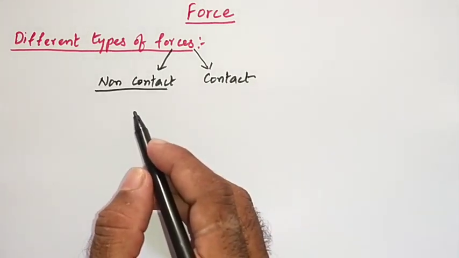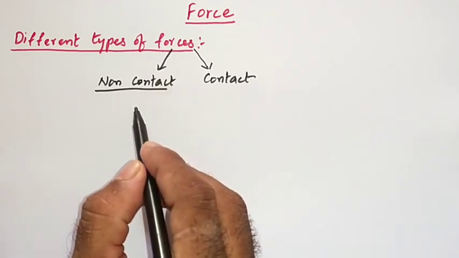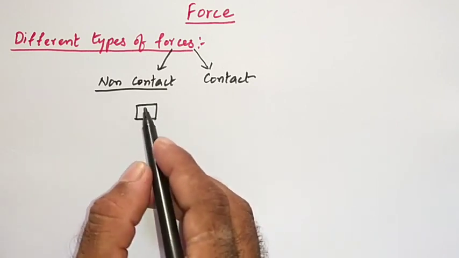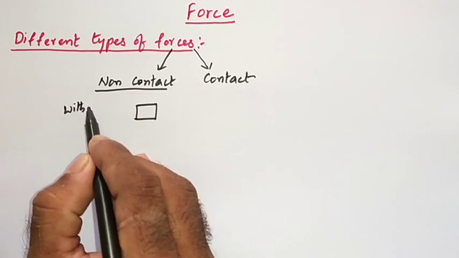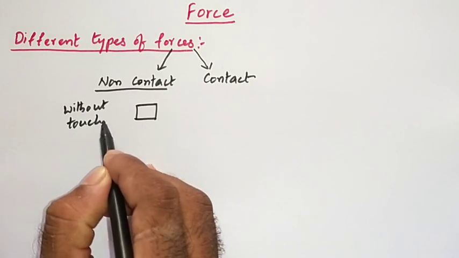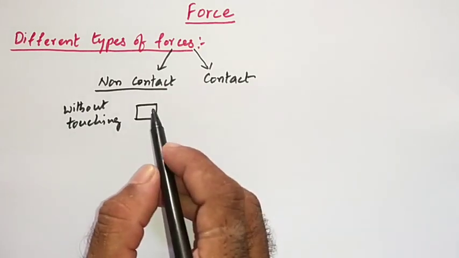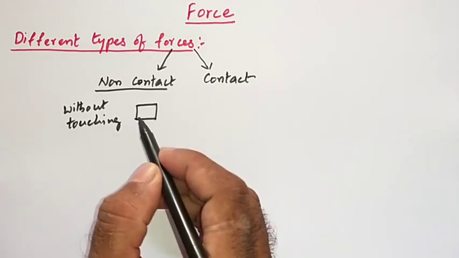Non-contact force means the force applied on an object without touching the body. Simply, a force is acting on the body by another body or another agent without touching it.